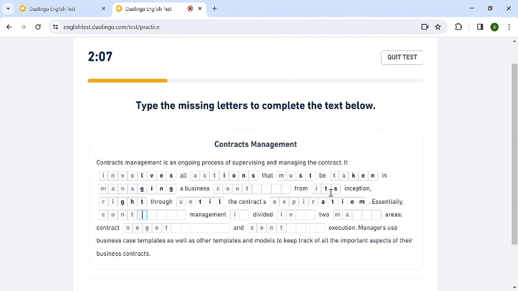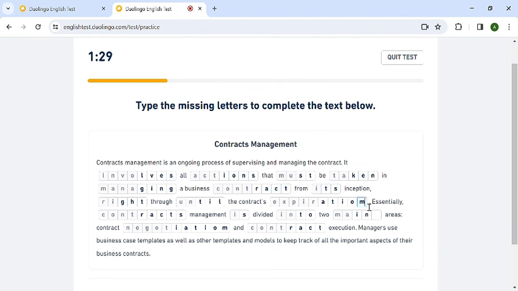Essentially, contract management is divided into two main areas: contract negotiation and contract execution.